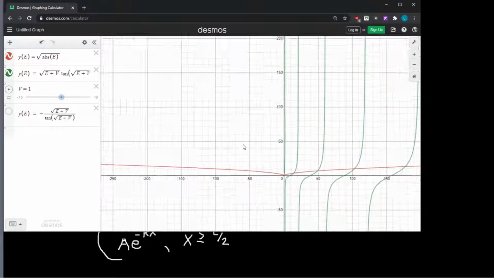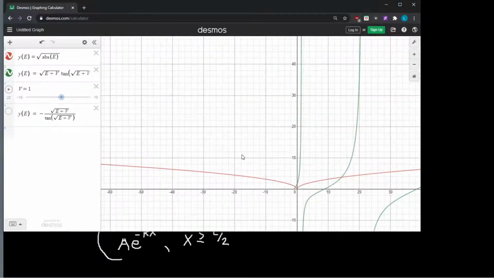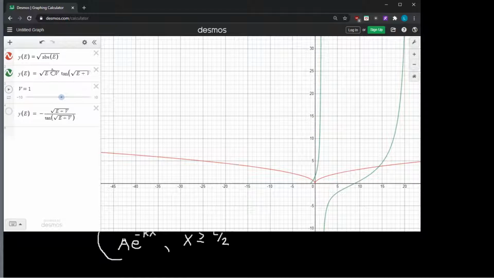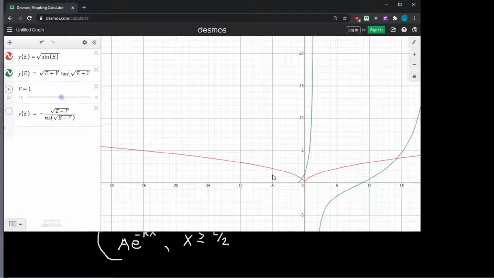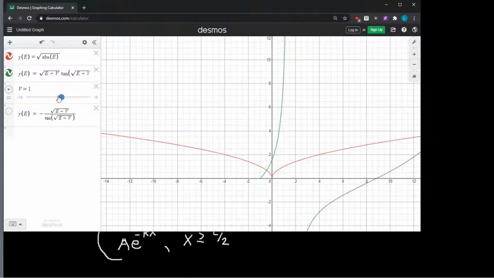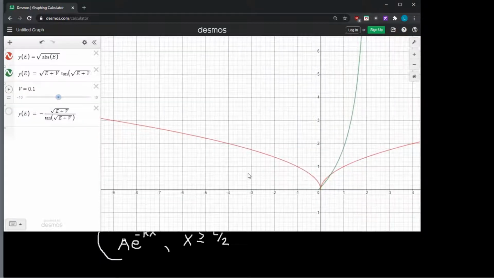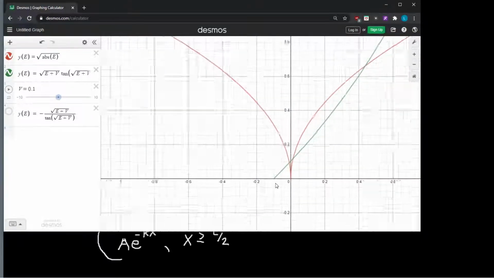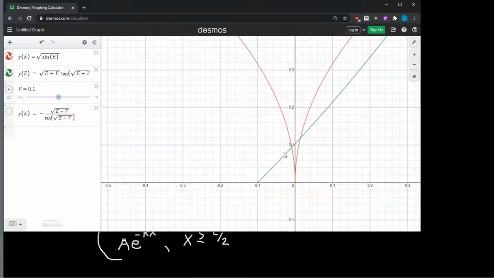Another thing that's usually pointed out, again for my even solutions: you can ask how small V has to be for there to be a bound state, even just one solution. If I make V really small, I always have this intersection over here.